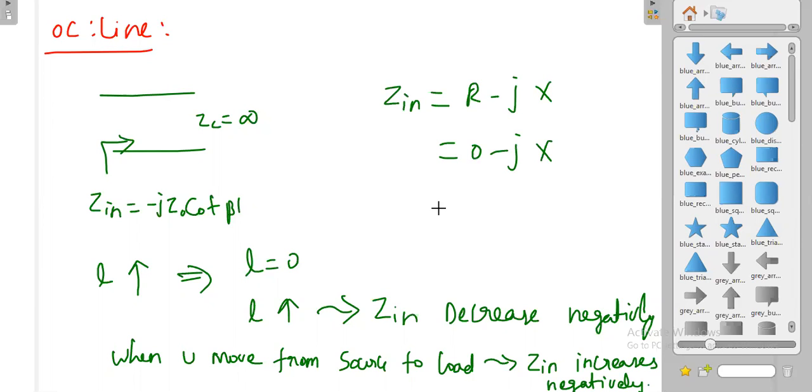When I move from source to load, in this direction, my Z in has to increase negatively. That means if this is minus j1, then there should be minus j2, then minus j3. So when you go from source to load, you go to the chart.